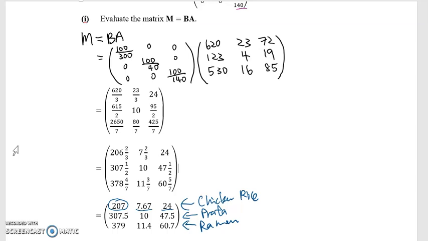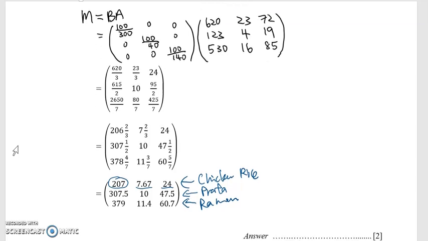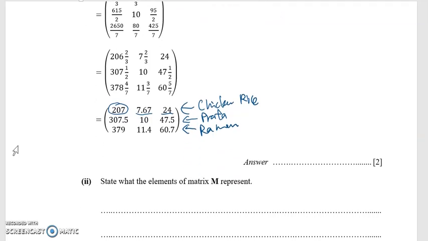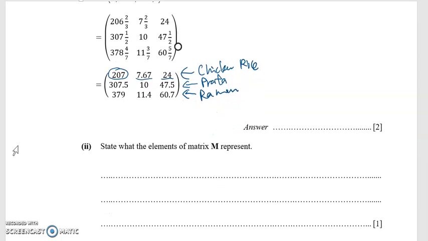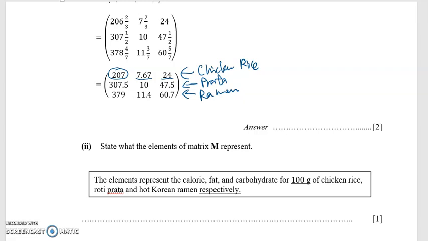This will help us to answer the next part, where we have to state what the elements of matrix M represent. So we will write the answer in. We have to state explicitly calorie, fat, and carbohydrate for 100 grams.